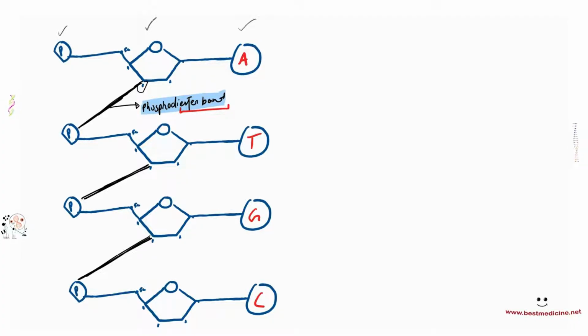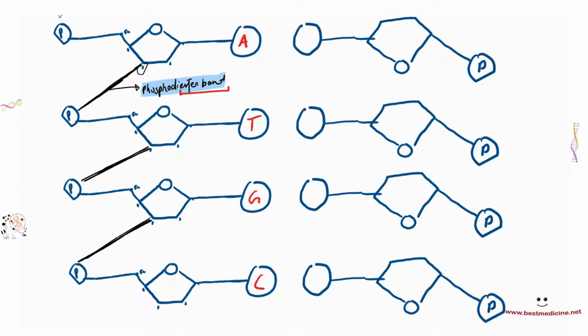So let's draw a nucleotide here. Because it's going to be complementary, it's going to be upside down, anti-parallel. And you're going to have a phosphate here. And there we go.